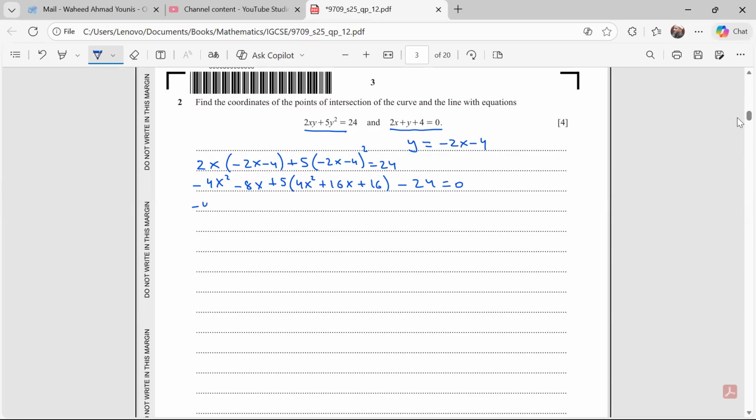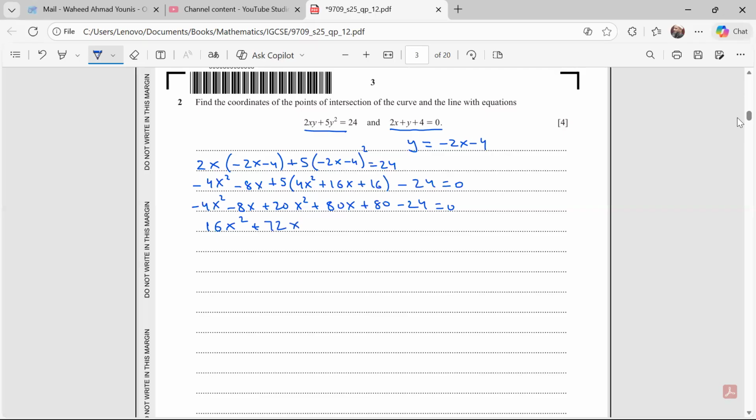So this will be minus 4x squared minus 8x plus 20x squared plus 80x plus 80 minus 24 equals 0. So you can see this is becoming a quadratic equation. So 20x squared minus 4x squared is 16x squared, and plus 80x minus 8x, that will become 72x.